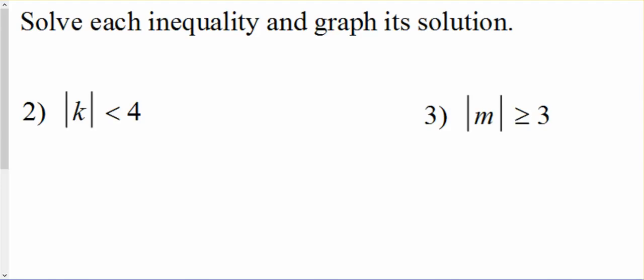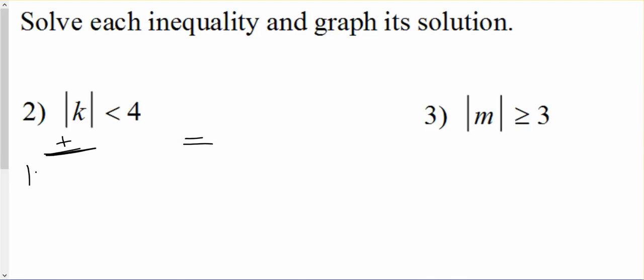We would solve and graph these just like we would when we were having our inequalities from last unit. What do I mean by that? We've got just our absolute value symbol by itself on one side, so we know we're going to have our positive side and our negative side.